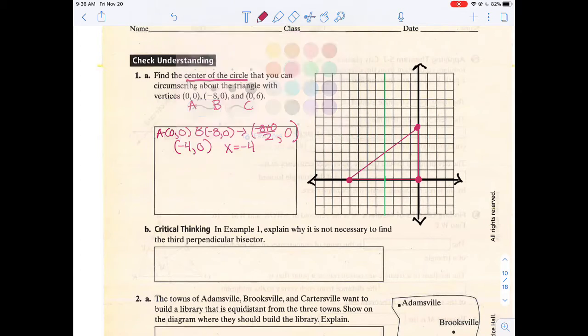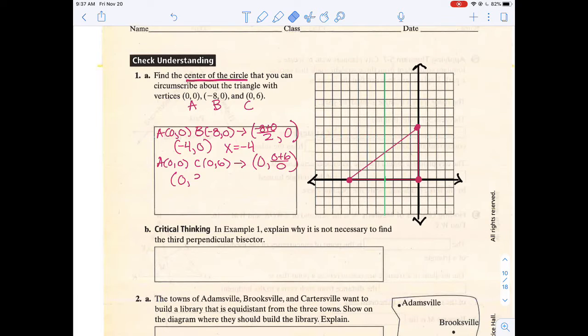Then A is still 0, 0. C is 0, 6. So if I'm trying to find the point for the perpendicular bisector, both the x values are 0, and then I need to find the average of the y values. So if I do that math, the point would be 0, 3.